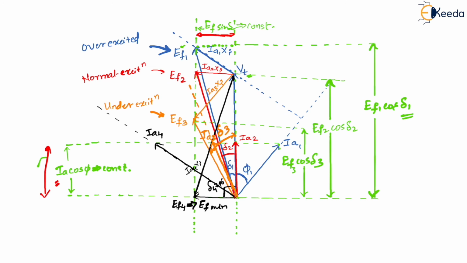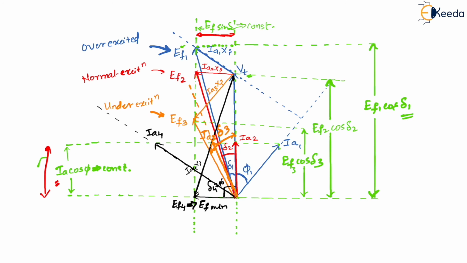Now another beautiful observation that we need to make. As I change my field current, EF changes. If EF changes, what happens to my IA? IA cos phi is constant, because active power output is constant.